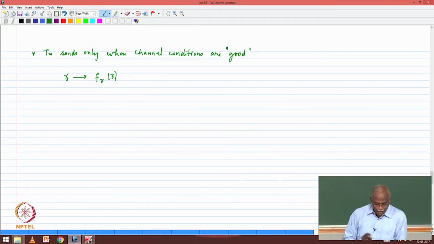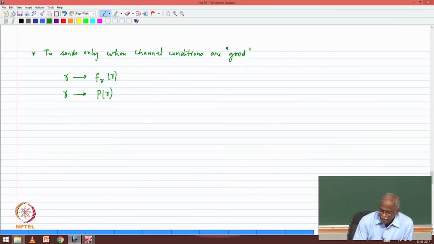Now, for each of those SNR scenarios, we can then come up with a corresponding power allocation. For a particular gamma, the power allocation is going to be some function of gamma. Good SNR, more power; bad SNR, less power; some rule you're going to follow.